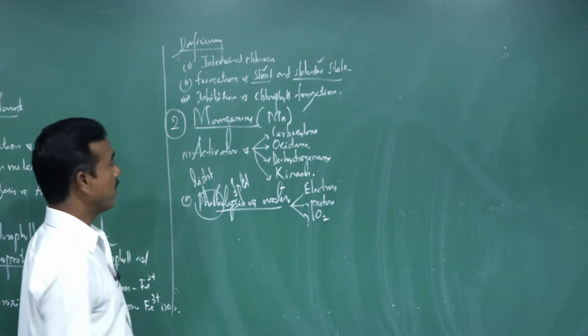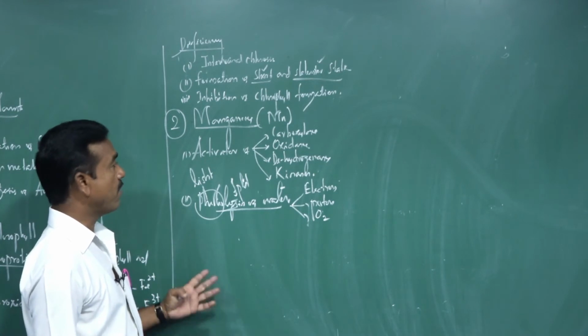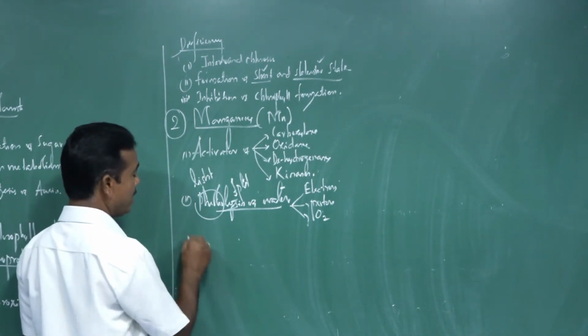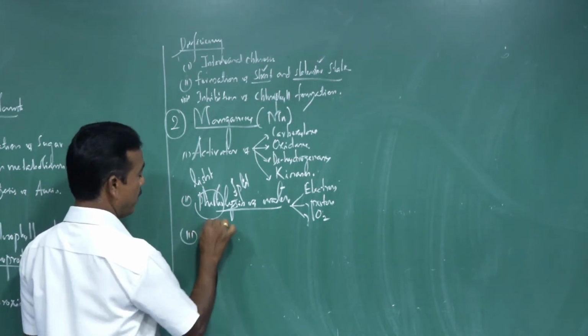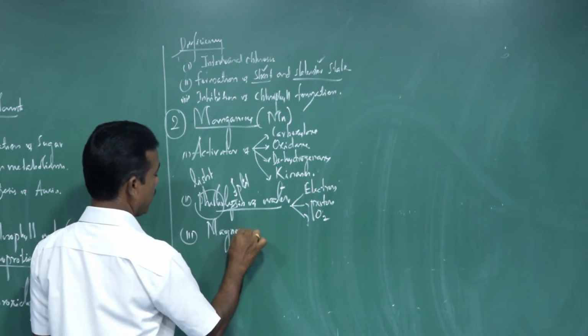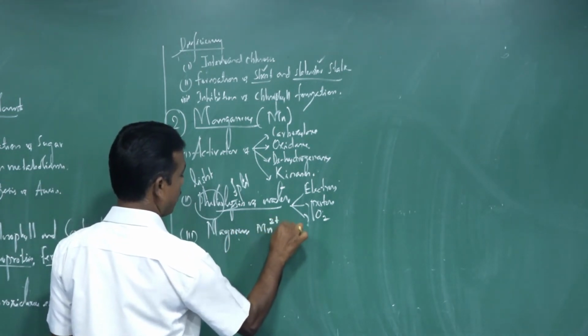In addition, in which way does the plant take up manganese? The plant takes up manganese in the form of Mn2 plus ions.